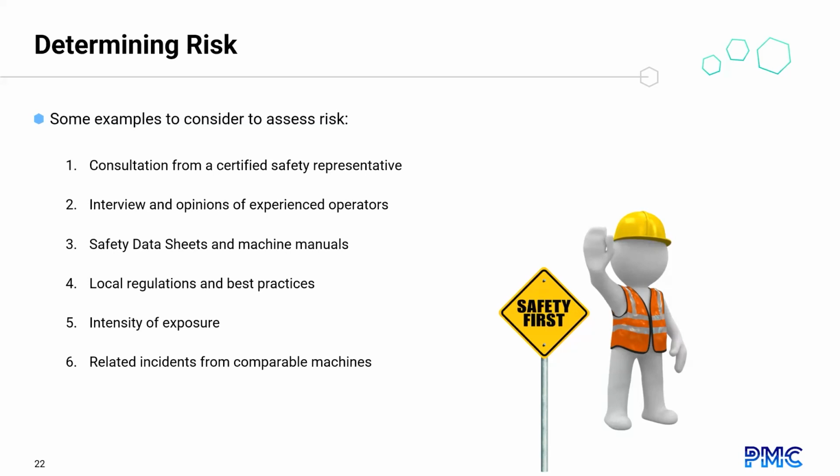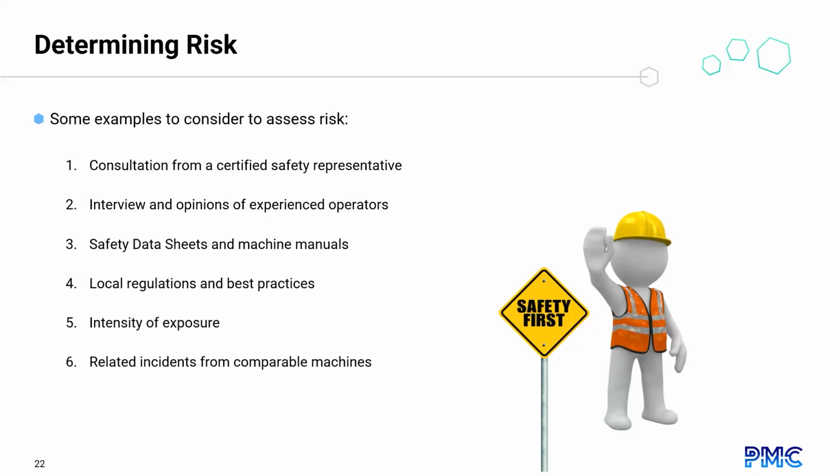Interview and get opinions from experienced operators, because experienced operators are very knowledgeable about the process and they can help determine risks. Machinery manuals and data sheets can also contain important information that helps determine risks. We may consider local regulations and best practices to assess risk.